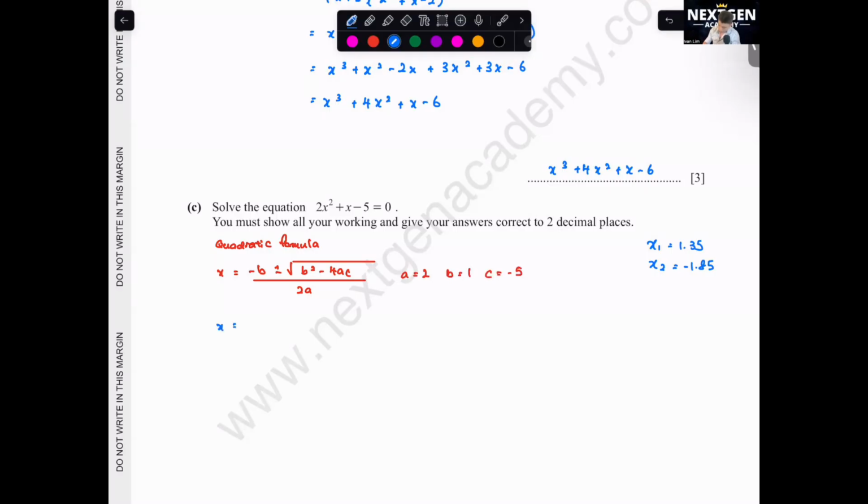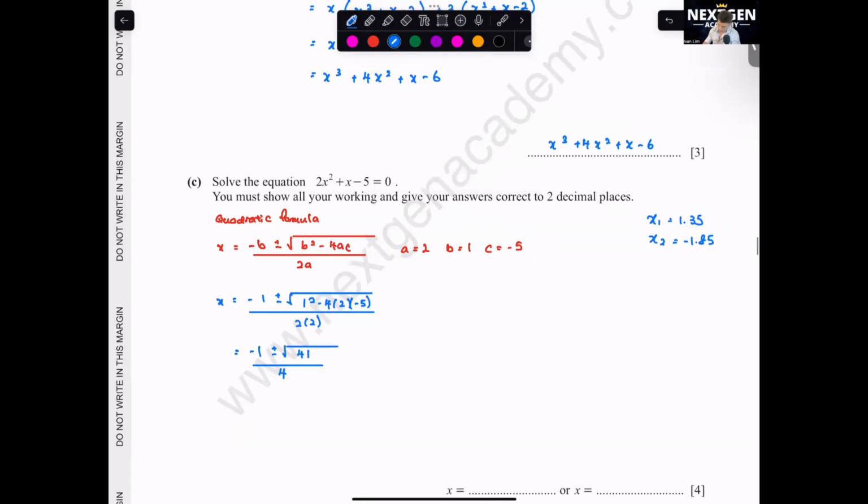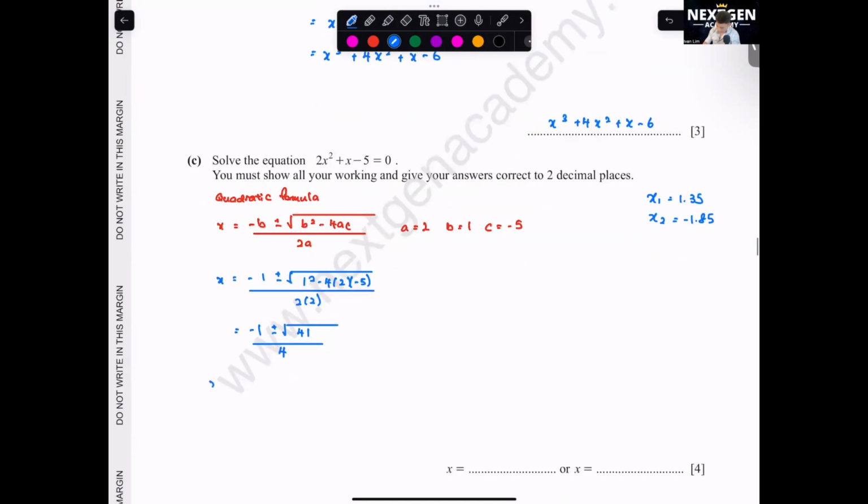So x is negative 1 plus minus square root 1 squared minus 4ac over 2a. This one put in the calculator, we will get here square root 41 over 4. Split it up. Negative 1 plus square root 41 over 4. Then here, negative 1 minus square root 41 over 4.